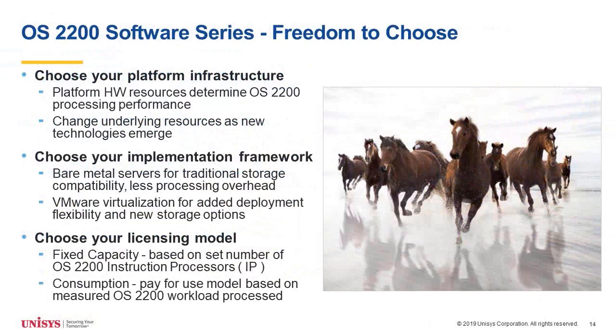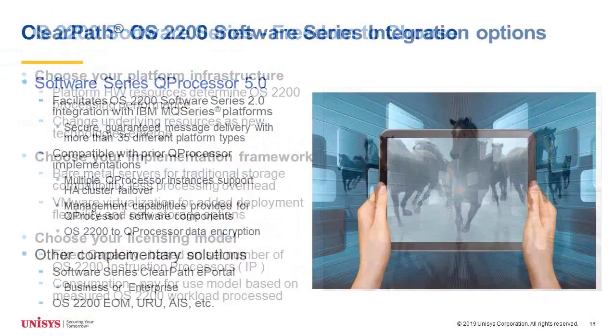And as I mentioned, we do have a couple of different ways of licensing: a fixed capacity based on the number of OS 2200 logical instruction processors, or IPs, as well as a pay-for-use model, which we call consumption, which will be very familiar to anyone who's been through the Dorado metering.